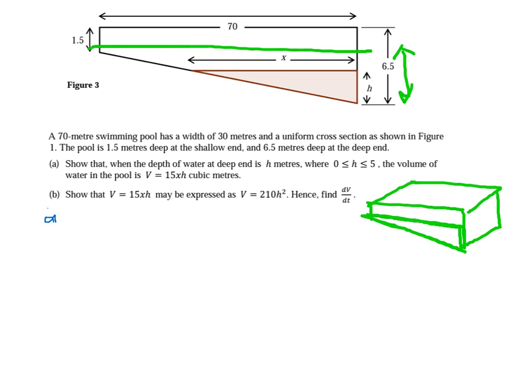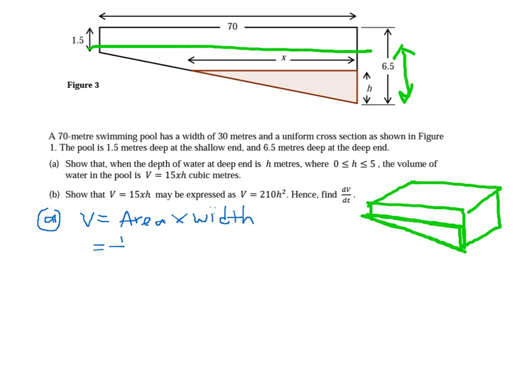This is a response to part A. The volume would be the area of the cross section times the width. In this case, the area would be, of course, we're talking about water, the x and h, and this is a triangle.